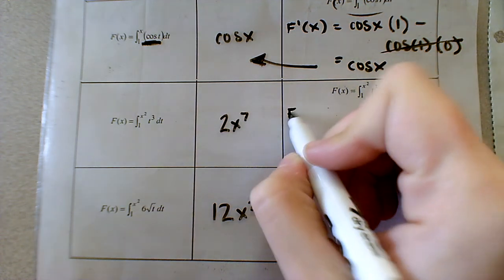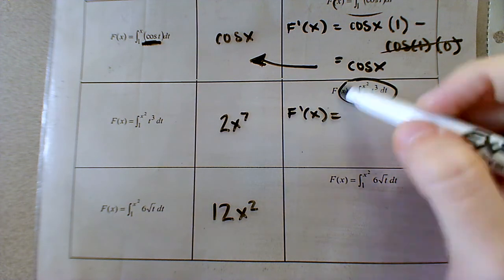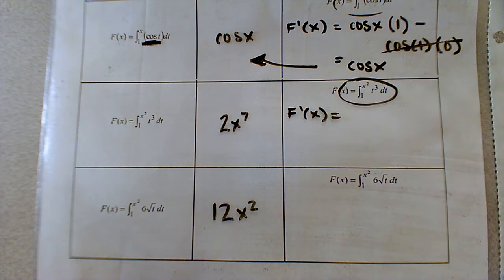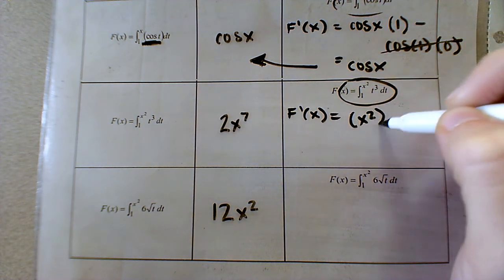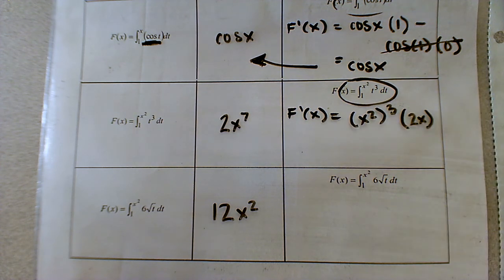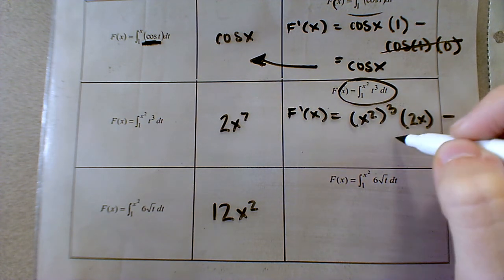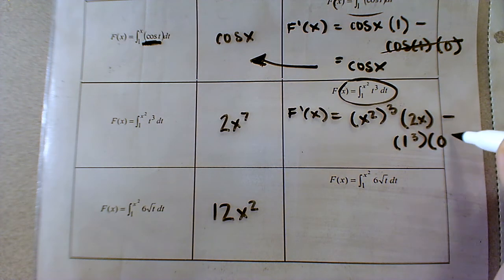So in this case, if I want to take the derivative of the left, I'm going to have to take the derivative of the right side. So that would involve taking the derivative of an integral. So I'm going to plug in the top bound first times the derivative of the top bound minus plugging in the bottom bound times the derivative of the bottom bound.